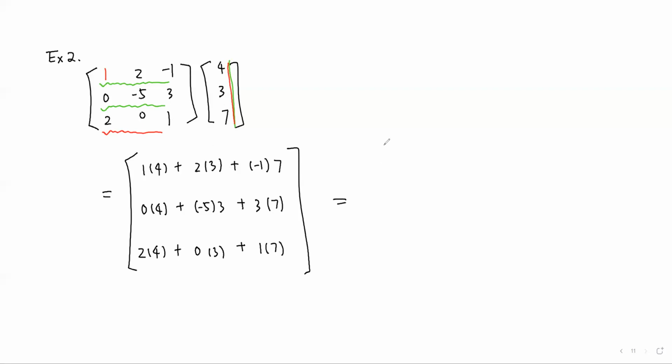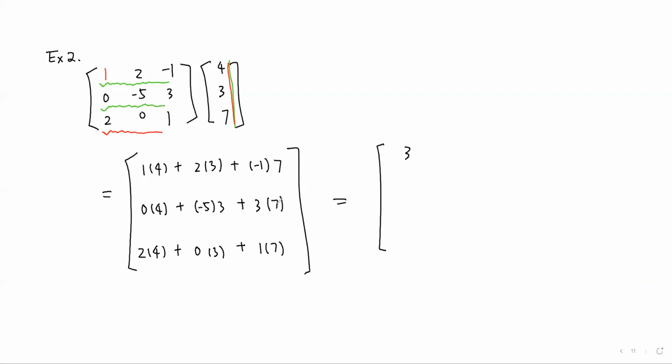Okay, now the result is: 4 plus 6, 10, minus 7, so 3. The second entry: 0 times 4, minus 15, plus 21.